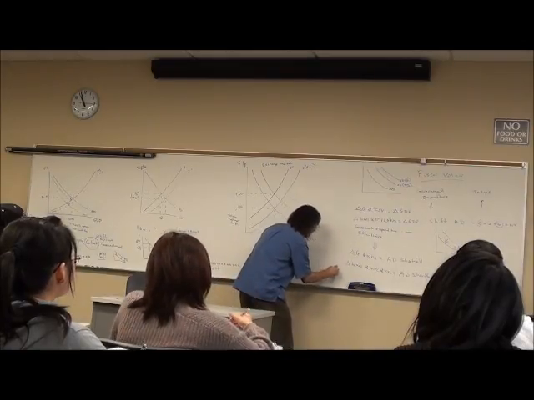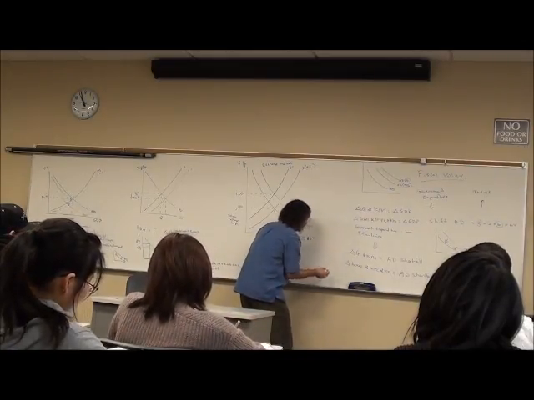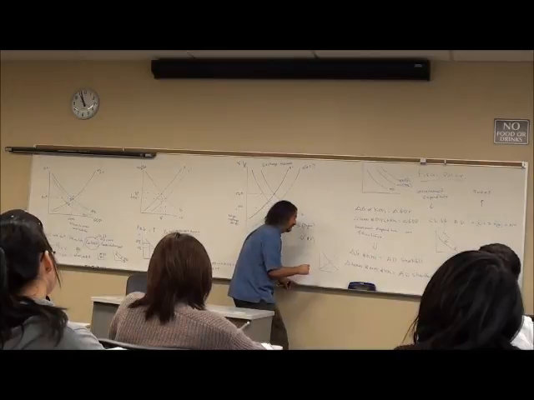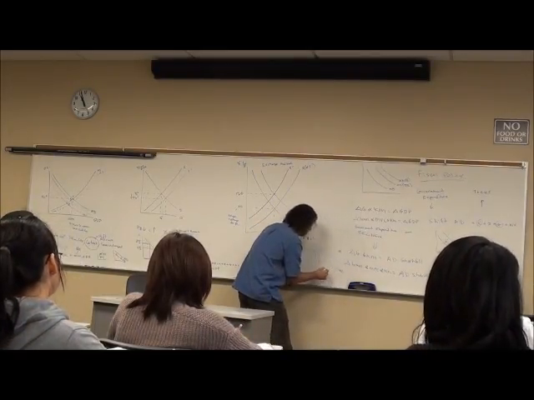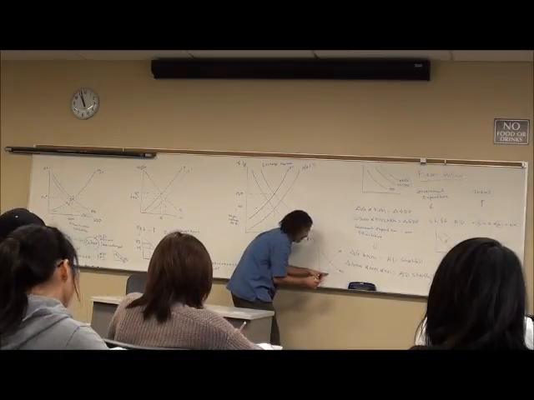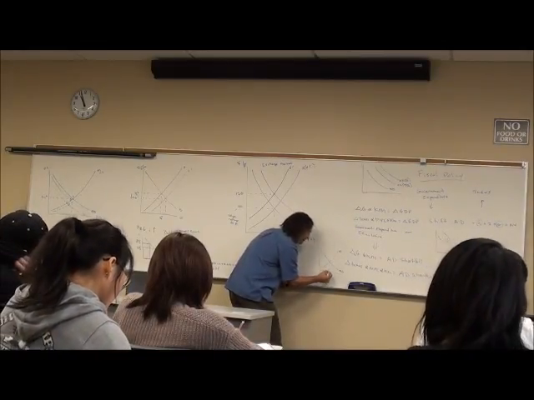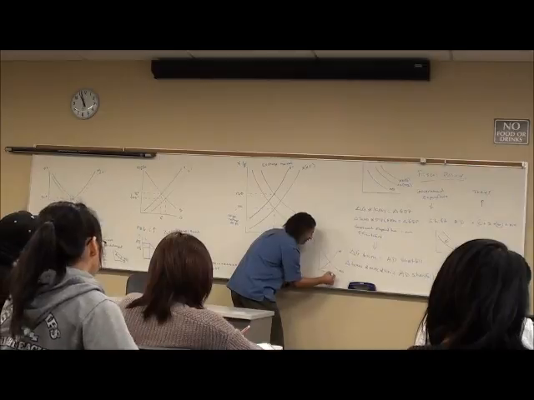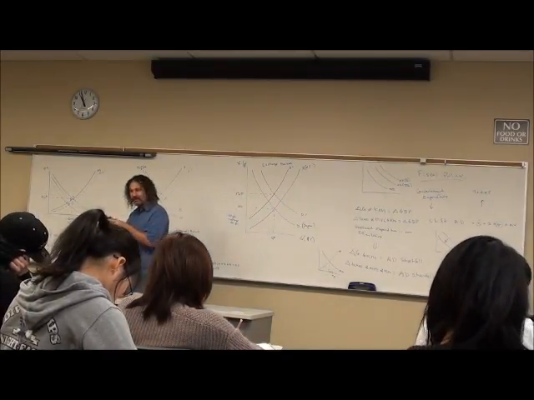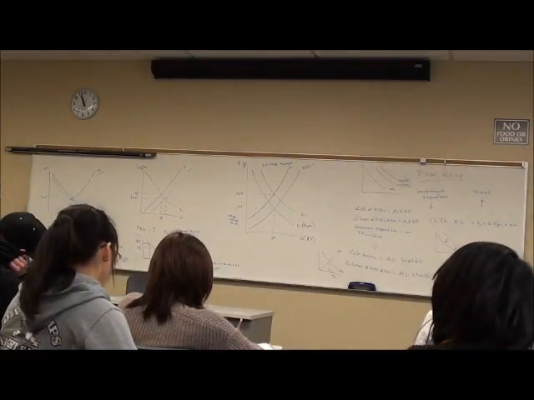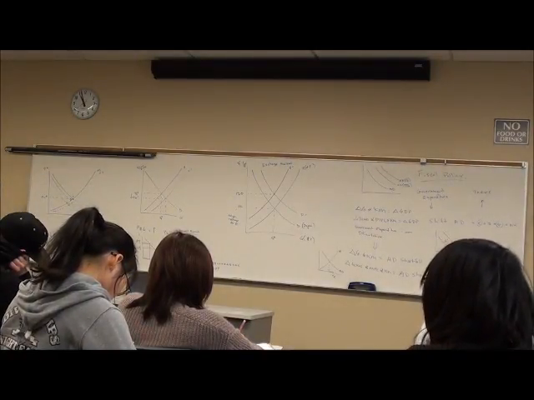This was that last question on your Keynes MPC question. Here's AD. You had an equilibrium here at some level of GDP, and you wanted to get to here, which was full employment. So you were in a macro equilibrium below the full employment equilibrium, and you wanted to stimulate the economy.